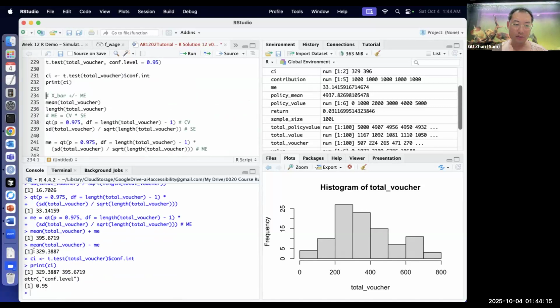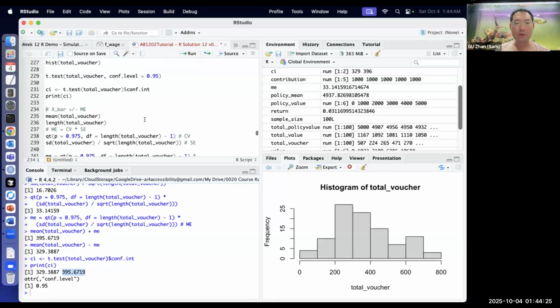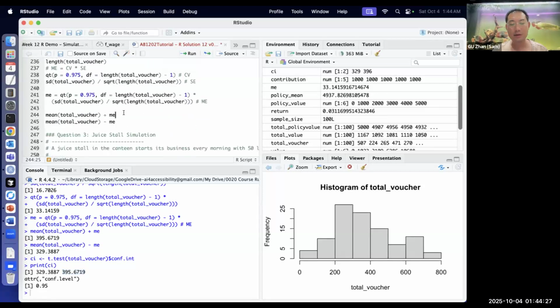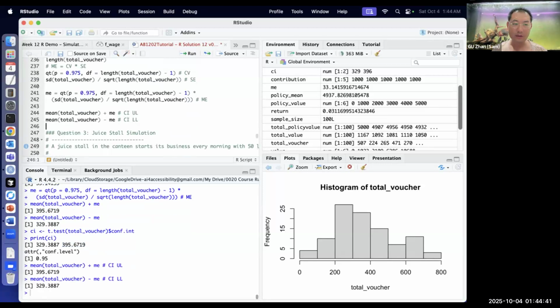Yeah, 329.387, which is your lower bound, which is the same as you're using t-test, and your upper bound is also the same as it. So if you manually calculate, you get the same thing, okay? So this is the CI upper limit. This is the CI lower limit, right? Okay.